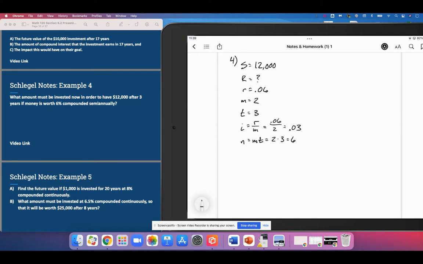And so my compound interest formula is S equals R times 1 plus I to the N. And so what will go in Wolfram is 12,000 equals R times 1 plus, what's my I? 0.03 to the power of N, which is 6.